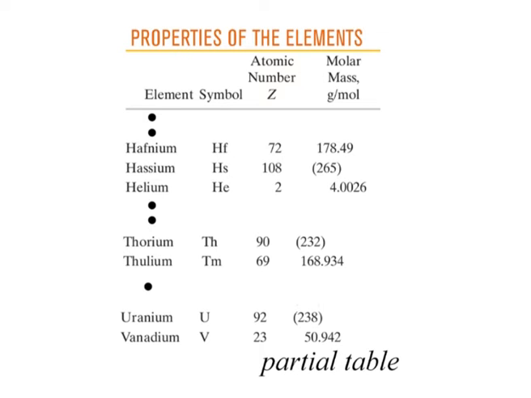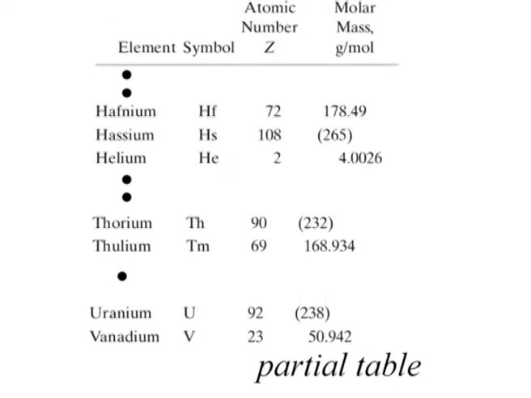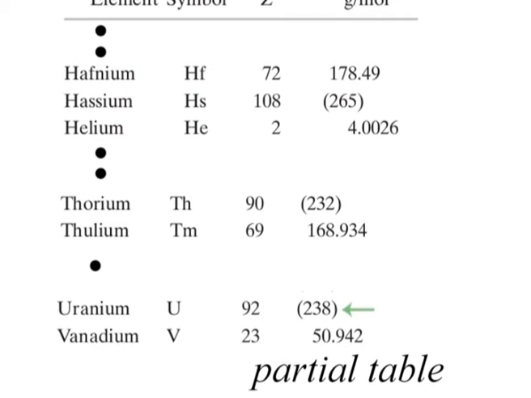From this list, we find that in the decay, the parent nucleus uranium contains 92 protons, a charge of +92e. The daughter nucleus thorium contains 90 protons, a charge of +90e, and the emitted alpha particle helium contains 2 protons, a charge of +2e.